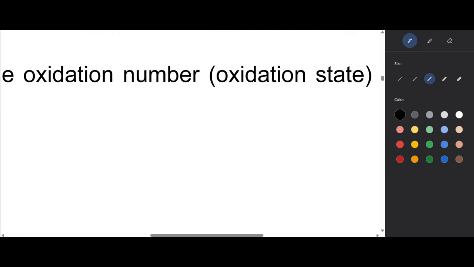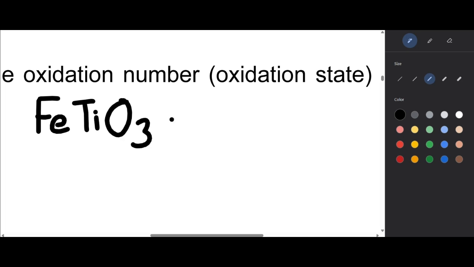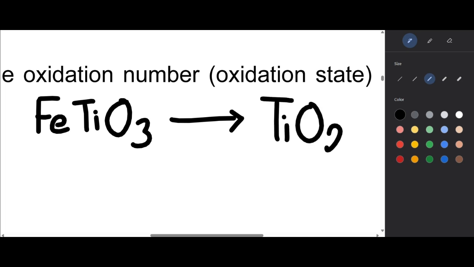So first let's rewrite FeTiO3 becomes TiO2.